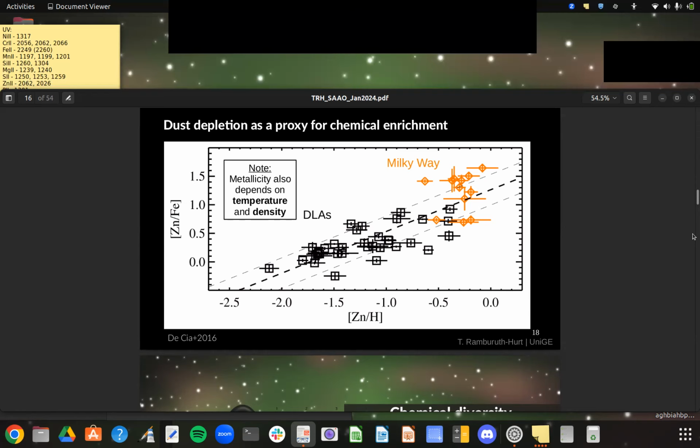For DLAs, we do see a general trend of increasing metallicity with dust depletion. But when we look at the Milky Way, which is in orange, there's a much bigger scatter. That's because metallicity also depends on temperature and density. So although it can be used as a proxy for chemical enrichment, dust depletion is not always a direct trace of it. That's just to keep in mind.